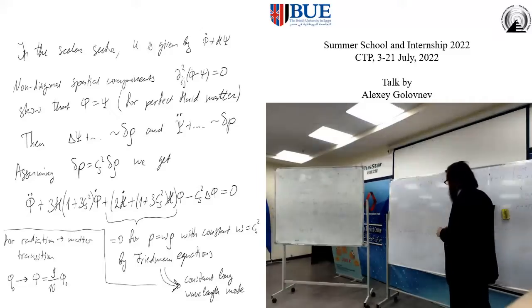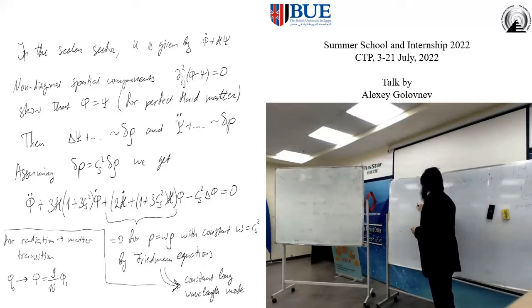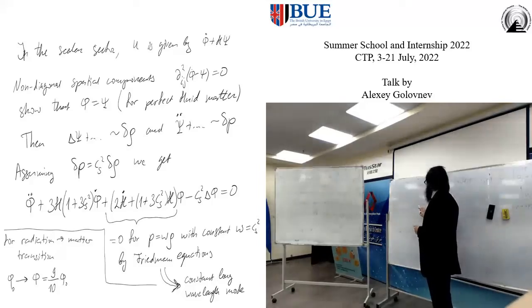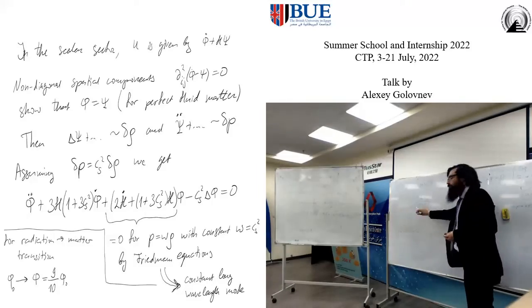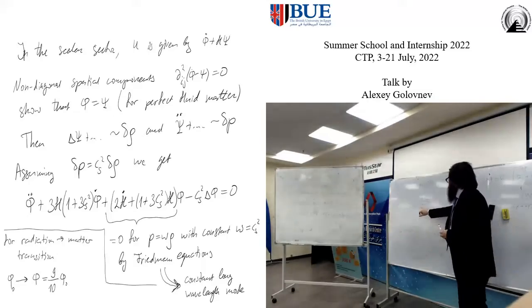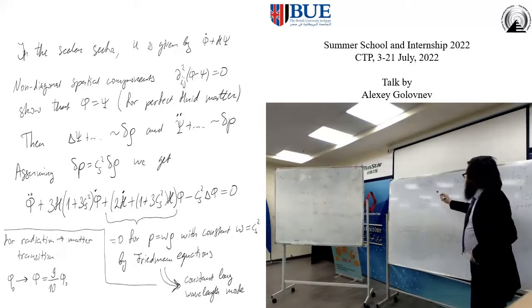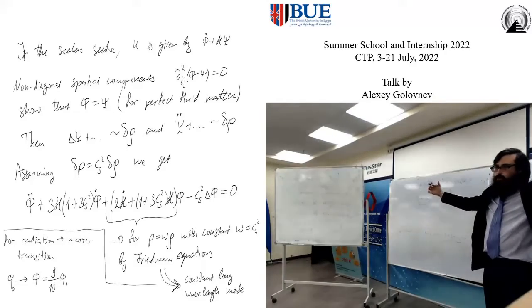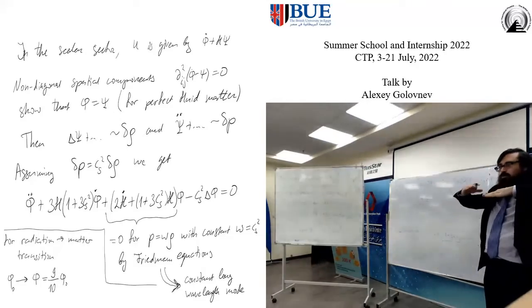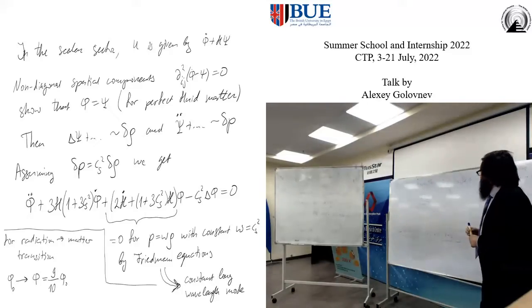As long as I have some particular constant value of w, like a radiation dominated universe with w equal to 1/3, or matter dominated with w equal to 0, the Newtonian potential phi for large wavelength will have one constant mode and one decaying mode, again like for gravitational waves.